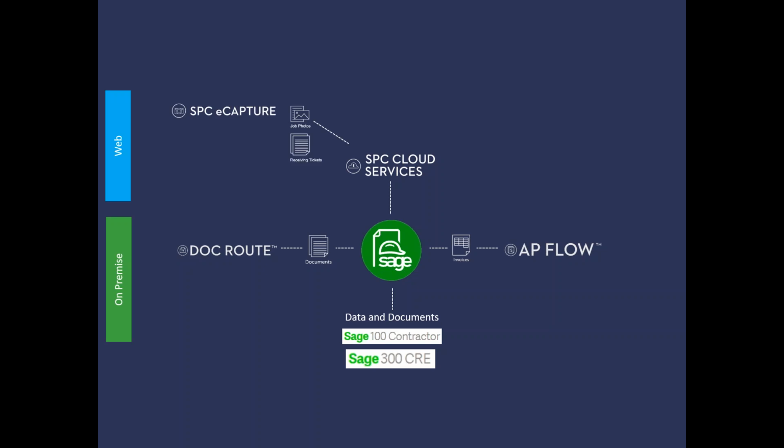With Sage Paperless eCapture, you have the ability to turn your smartphone or iPad into a digital scanner that links into your Sage Paperless system. Do things like capture job photos, capture receiving tickets, and then link those into the invoice that you're actually approving at that time. Another aspect is the e-portal for invoice approval.